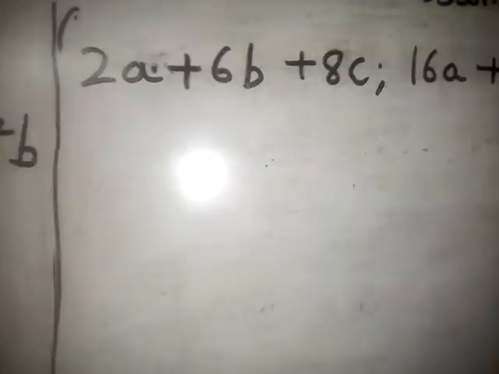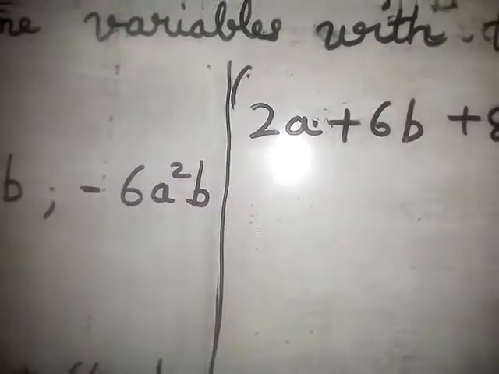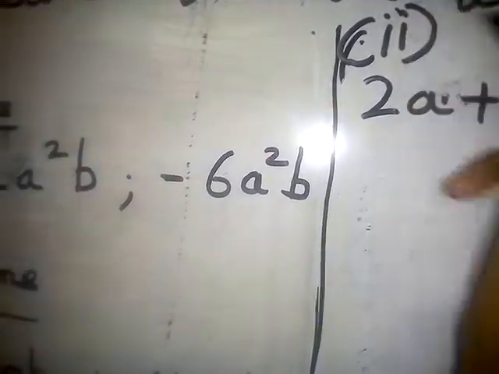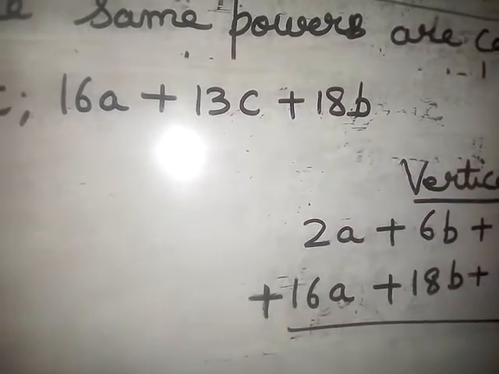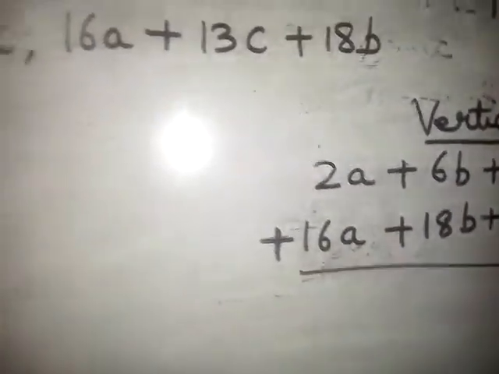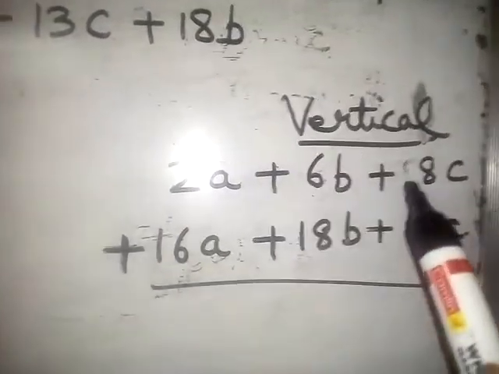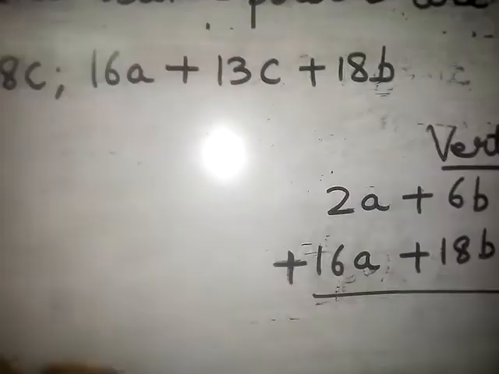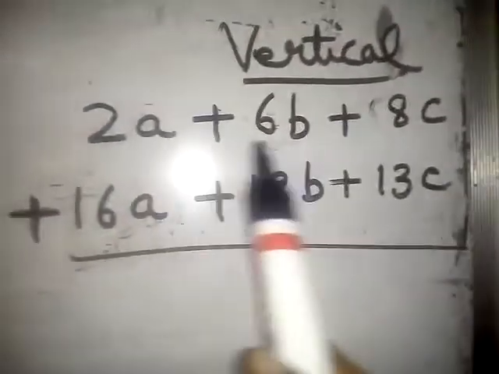So the second one I am solving here. You have to check the answer. 2a plus 6b plus 8c, 16a plus 13c plus 18b. First you have to write in vertical arrangement, because vertical arrangement is easier than horizontal arrangement. The way you have 2a plus 6b plus 8c, you have to write here.